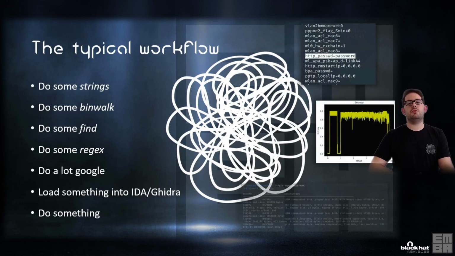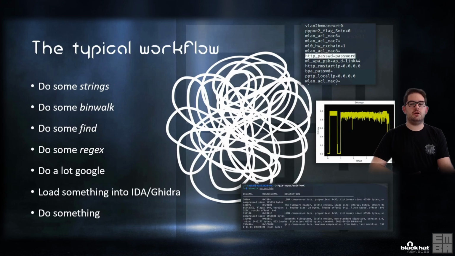In the next step, you use binwalk to extract the file and start searching for the typical configurations with find. Perhaps you will search these files with a regex command for interesting parts. Then you Google something, try to get more information about the firmware. Trust me, you will Google a lot.